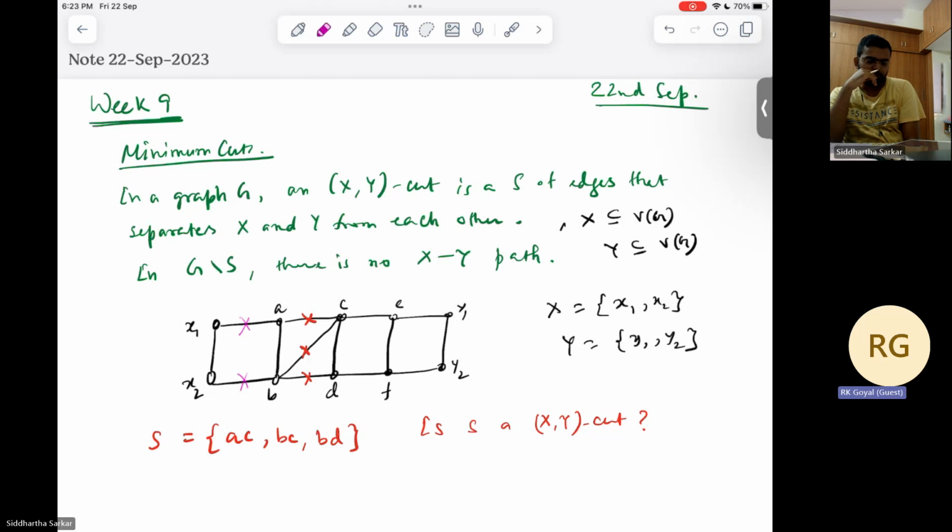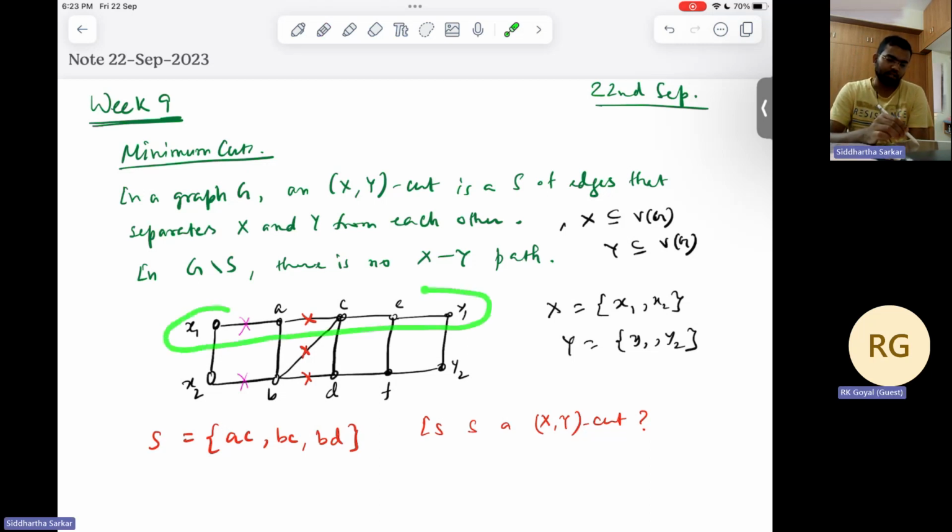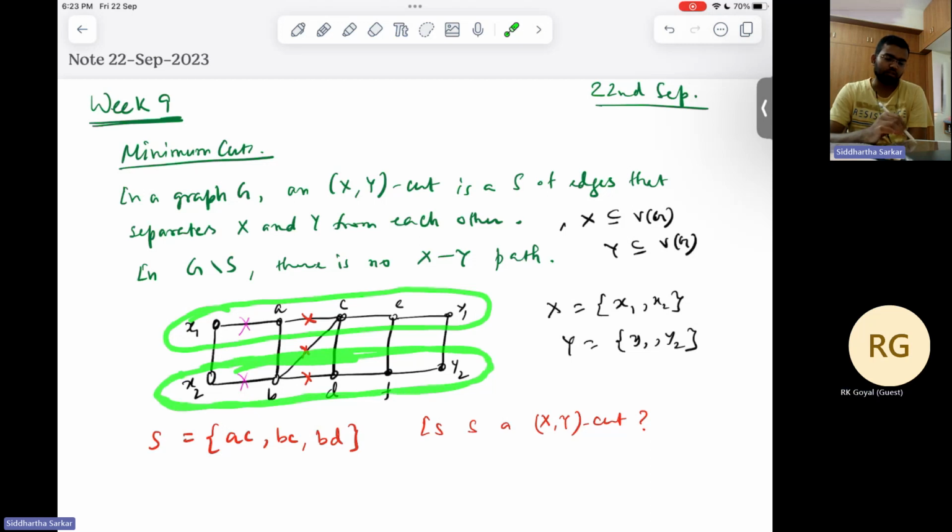So one edge won't be sufficient. There are two disjoint paths, from x1 to y1 and from x2 to y2. Therefore, you have to remove at least one edge from each of these two disjoint paths to make sure that X and Y are disconnected.